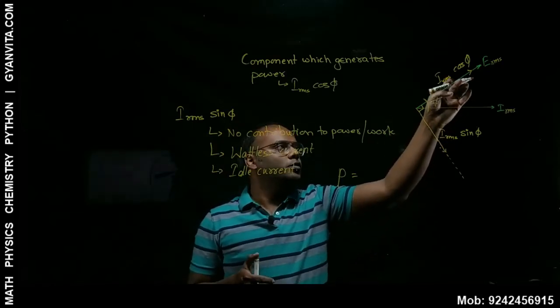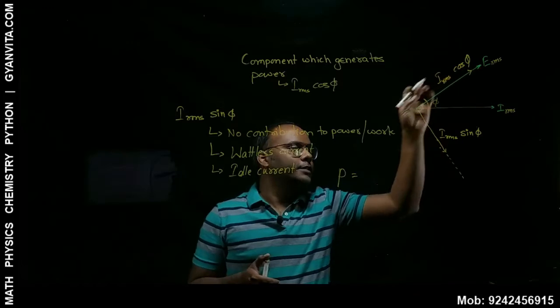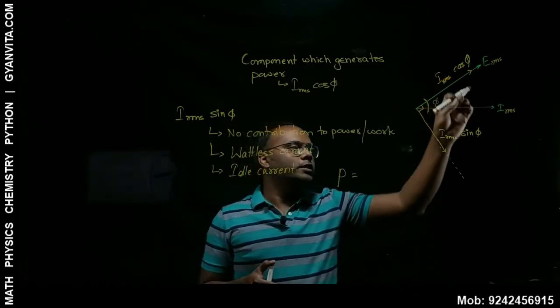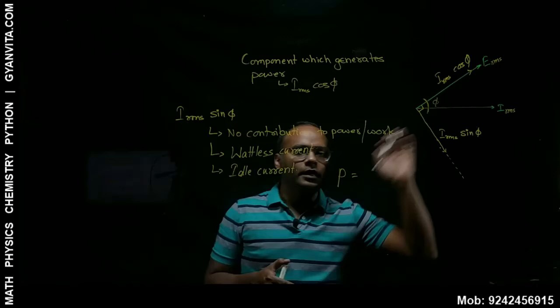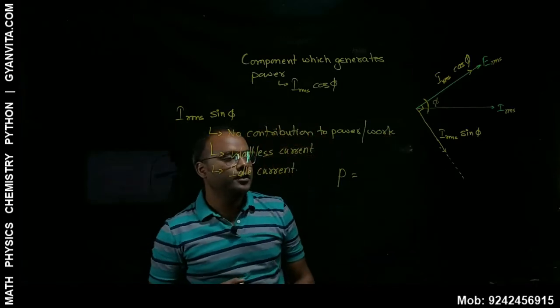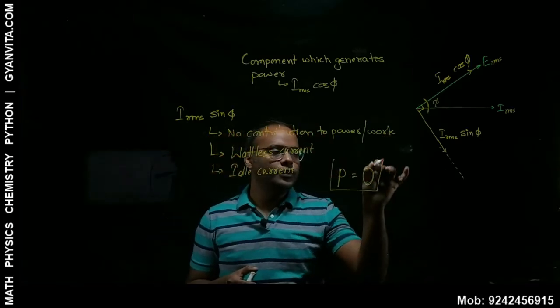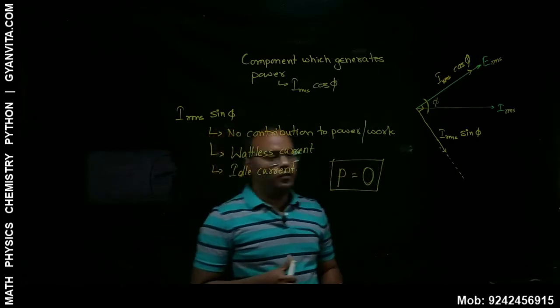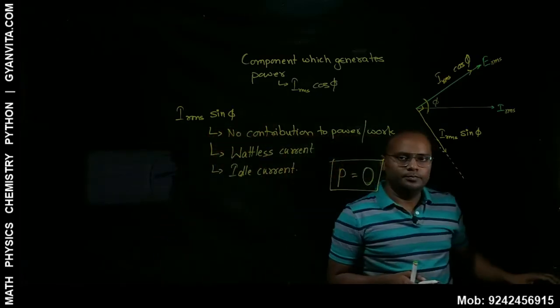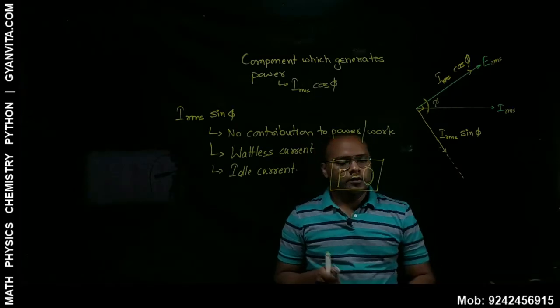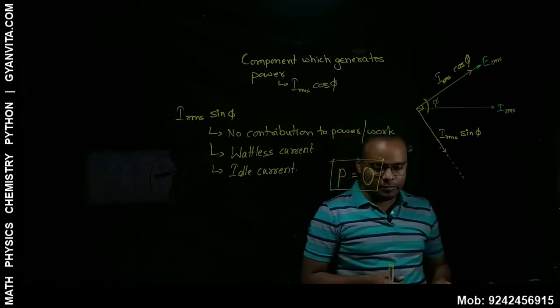That equals ERMS into IRMS sin phi into cos 90 degrees. So the power in this case will be equal to 0. This is nothing but your wattless current, right? So that's everything about the wattless current.